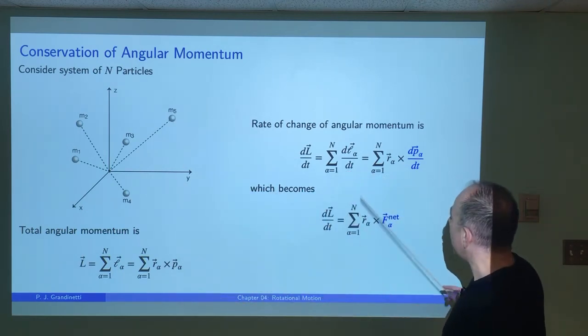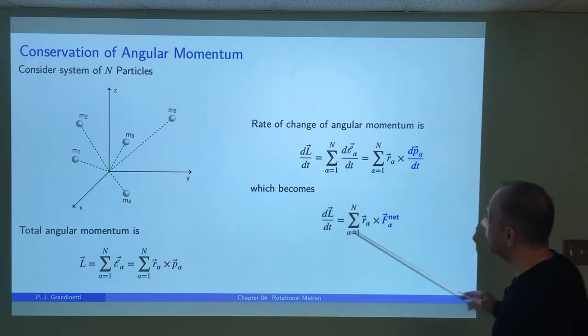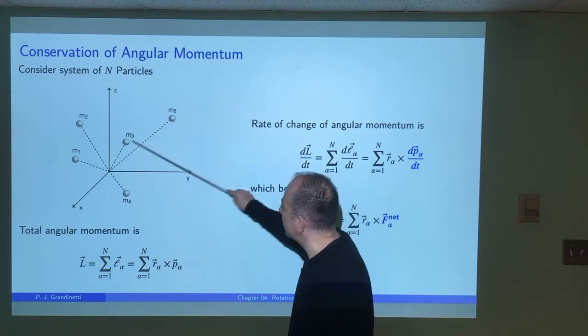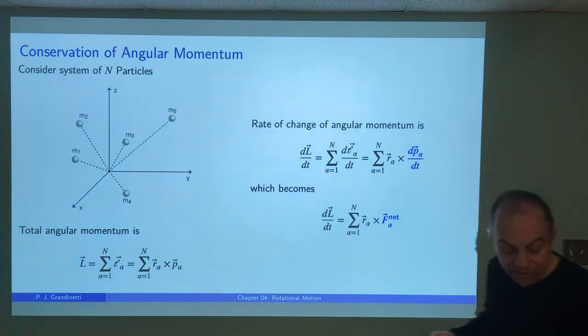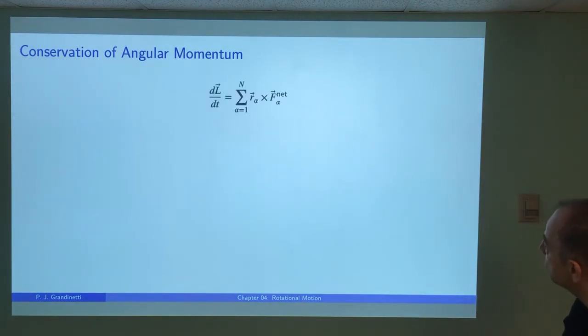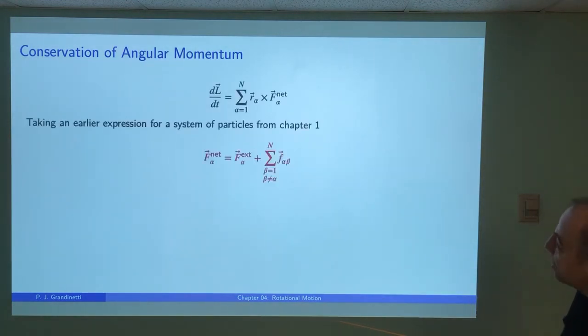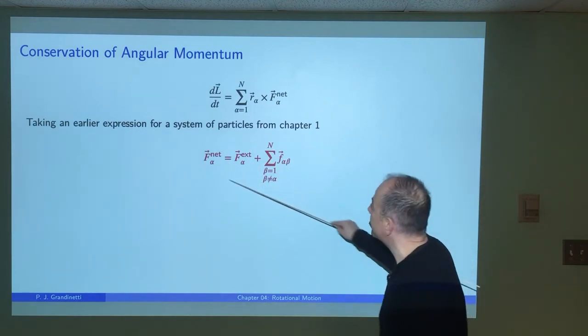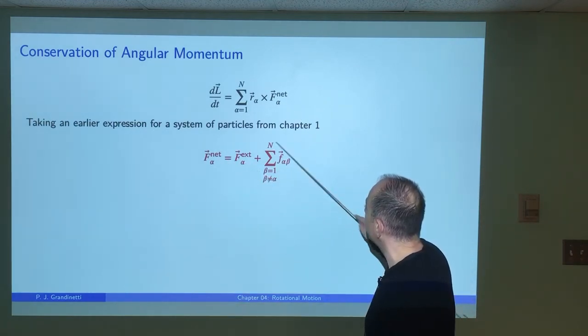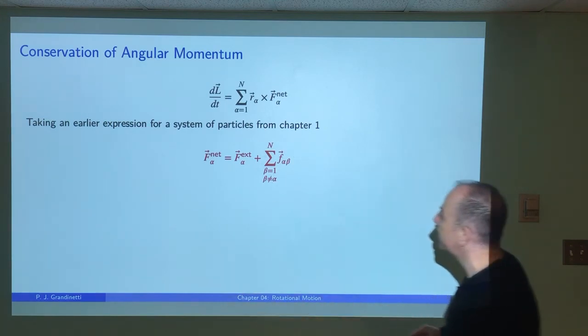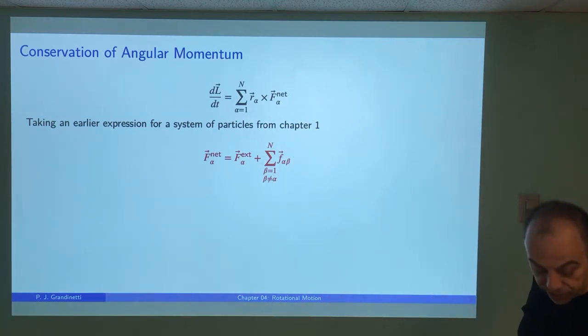So now we have a system of particles, so there are going to be external forces acting on each of these particles, but there will also be internal forces on particles acting on each other. So remember that from the first chapter. So we take that expression and we write out that the net force here is the external force acting on each particle plus all the internal forces acting on that particle, so the interparticle forces.